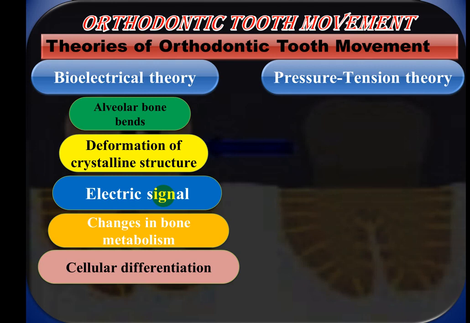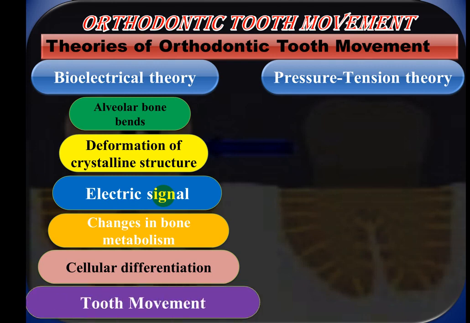The most important ones for bone remodeling are the osteoclast and osteoblast cells. After the activation of these cells, there will be bone resorption and bone apposition, and the process of bone remodeling will occur and end with tooth movement. These are the steps of the bioelectrical theory.